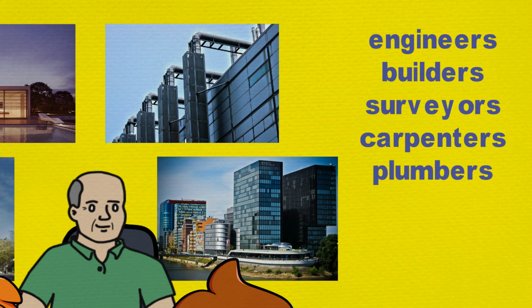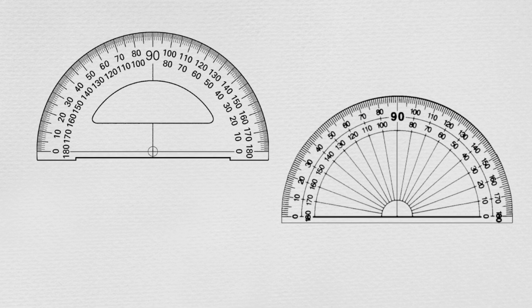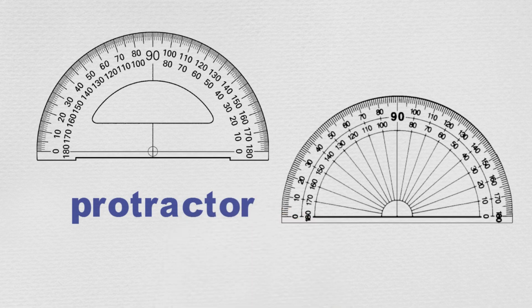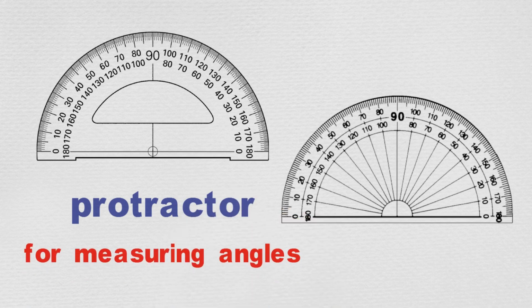Have a look at this. Their Grandad pulled out of his drawer a couple of small, clear plastic semicircles. You probably have one of these useful little tools in your geometry set at school. It's called a protractor, and it's used to measure angles.